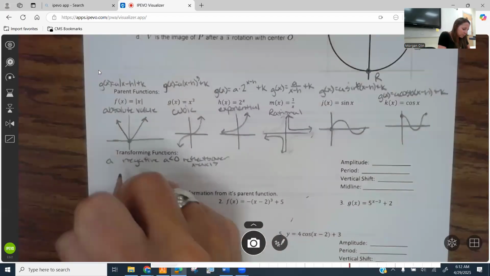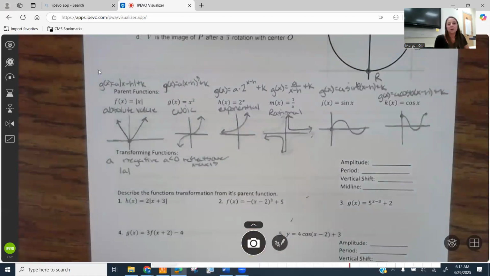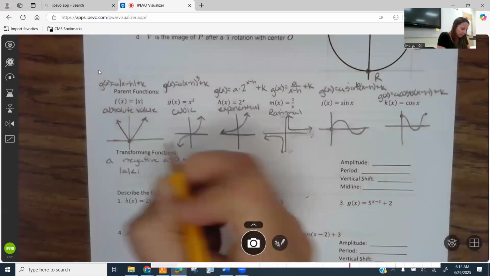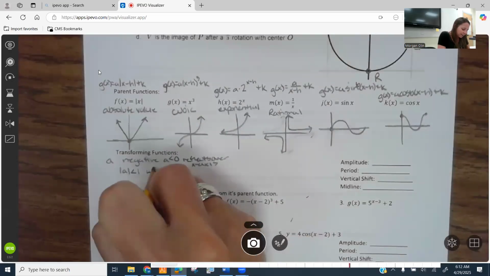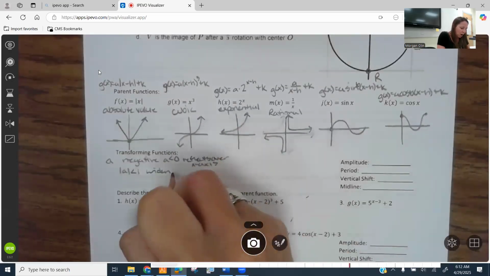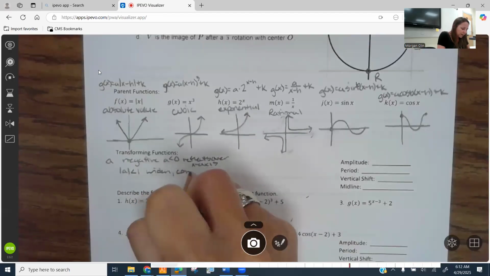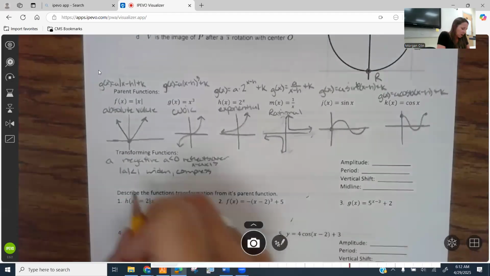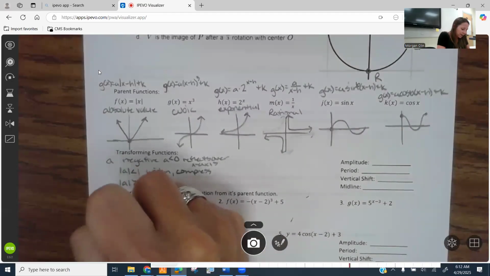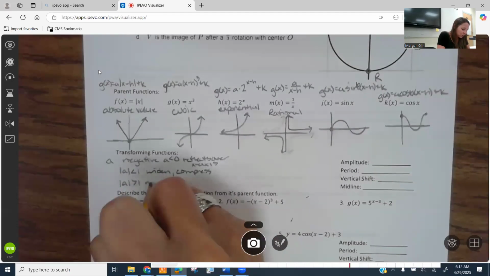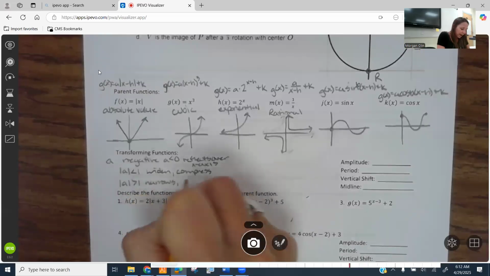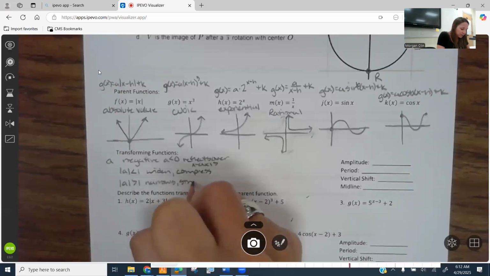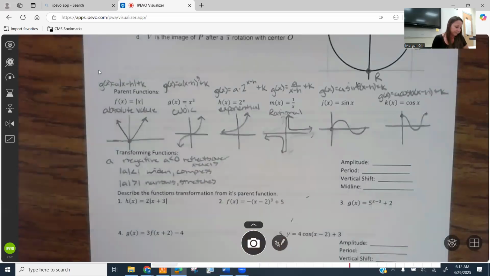Well, when the absolute value of a, because a could be negative, so we're just looking at a without the negative, is less than 1, the graph is going to widen. You may also hear compress by whatever factor that a value is. And what if it's greater than 1? It narrows the graph, or stretches. We like to use the word stretches.